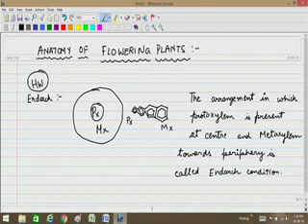Okay. So this is endarch, and the opposite of this condition is exarch.